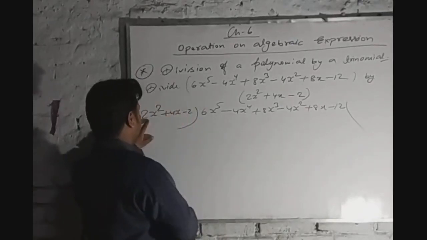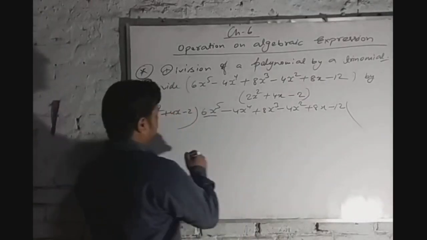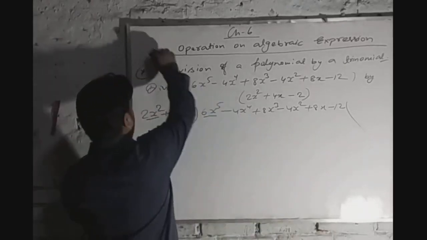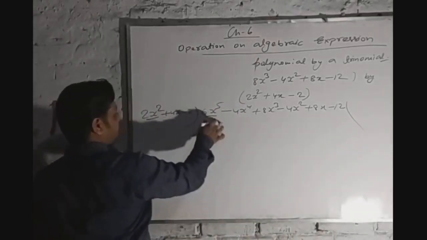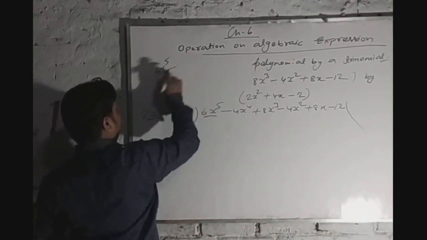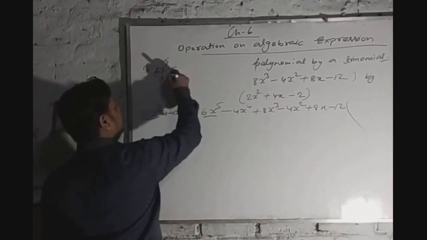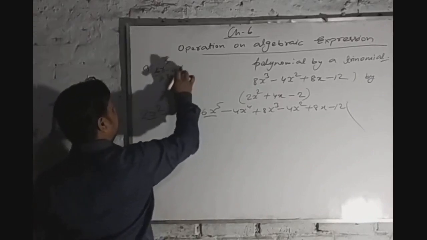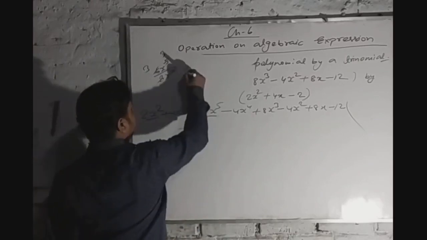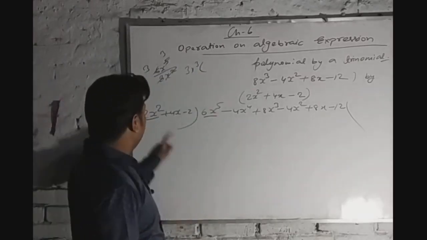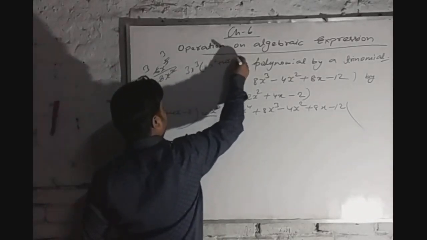Now at first, the first term of this expression. Now 6x to the power 5 and 2x to the power 2. 2 3 is 6, and x to the power 3, so 3x to the power 3 will be taken. Now multiply by 2x square plus 4x minus 2.